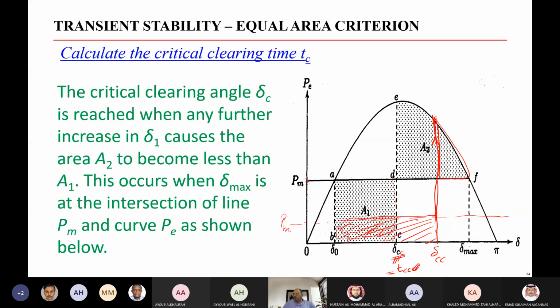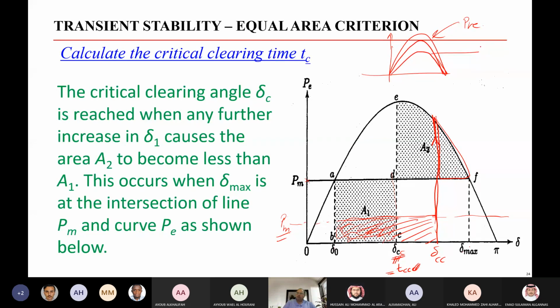But this depends not only on the mechanical power, but also on the fault type. If you have a fault like this one, this is the pre-fault, and this is the post-fault, and this is during fault.